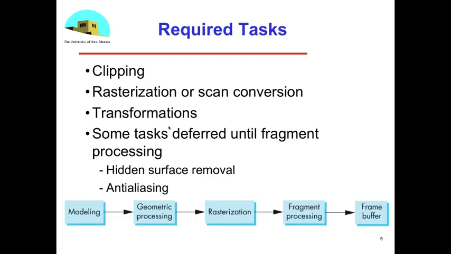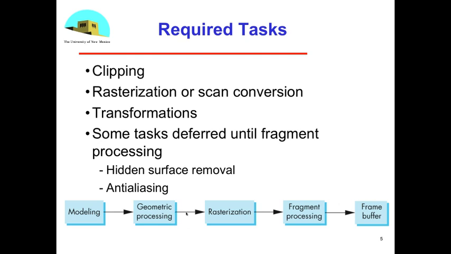So what are the tasks? Well, I want to look at them again here and see where they're going on. Clipping does occur somewhere at the end of the geometric processing. So here's your vertex shader, and the vertex shader is converting to clip coordinates, and pretty much the clipping is going on over here in a pipeline architecture.